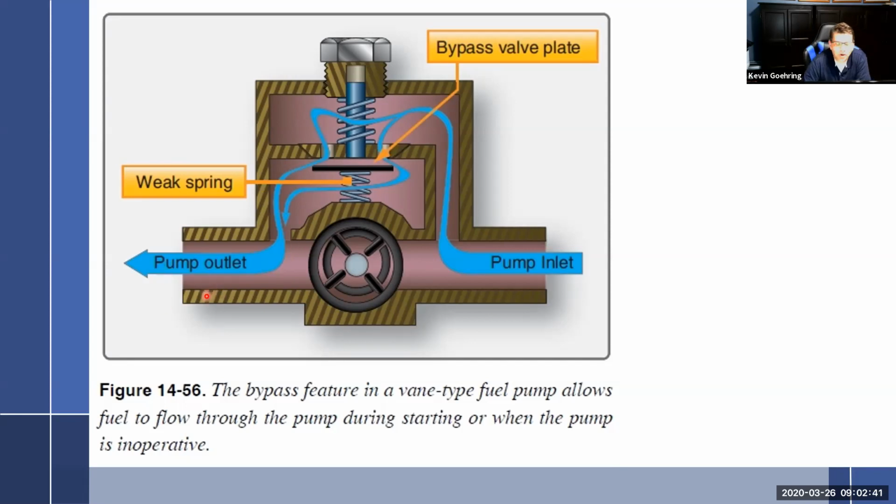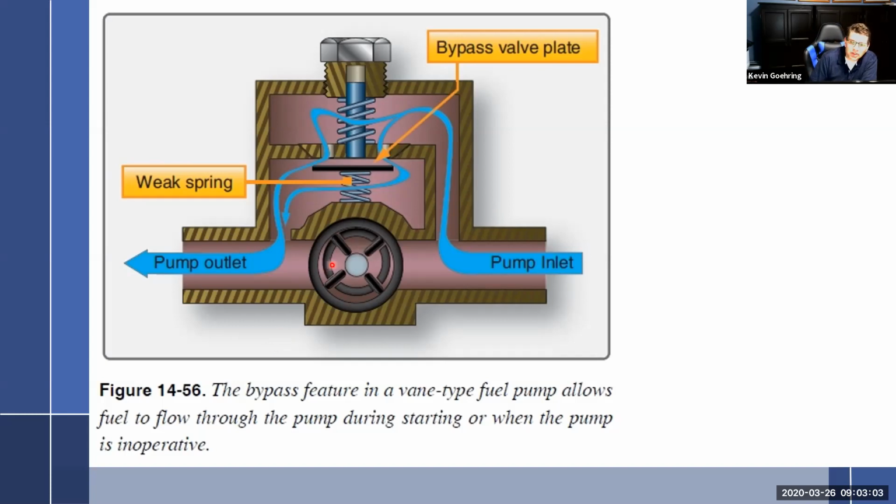Now, one of the big questions I'm going to ask you is, how long and when is the bypass valve going to be open? And the simple answer is the bypass will be open as long as the boost pump pressure is more than this pump's pressure. So think that through.